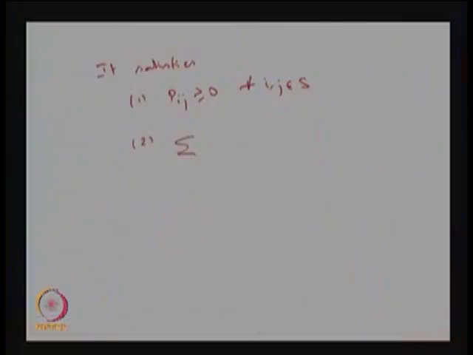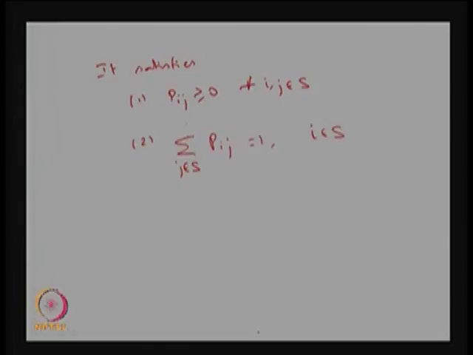The second condition: if you take the summation over j for fixed i, then that is going to be 1, for i belonging to S. That means the row sum is going to be 1, because it is the conditional probability of the system moving from one state to all other states. If you add all the possible probabilities, then that is going to be 1.